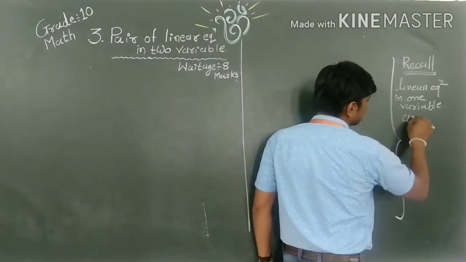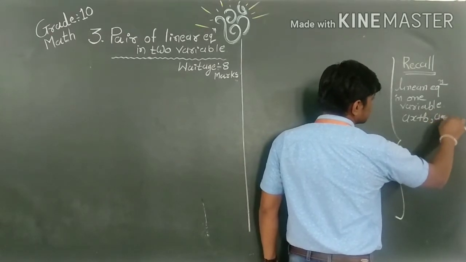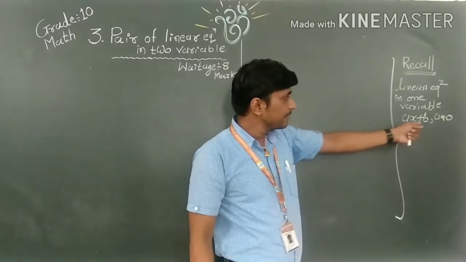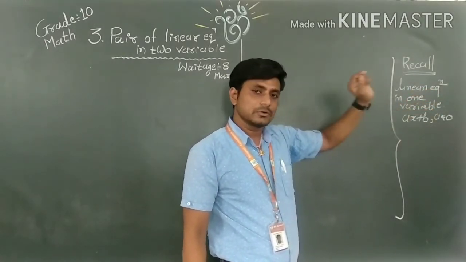Simply ax plus b is equal to 0, where a is not equal to 0. This is said to be the standard form of a linear equation, where a and b are constants, x is a variable and a is not 0.